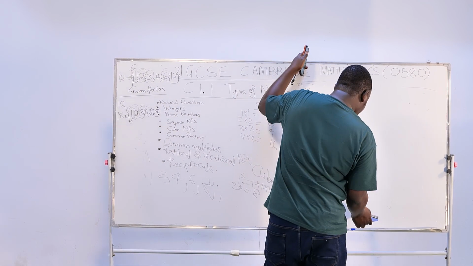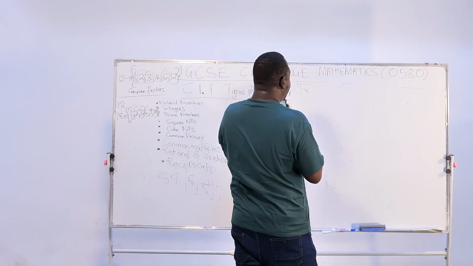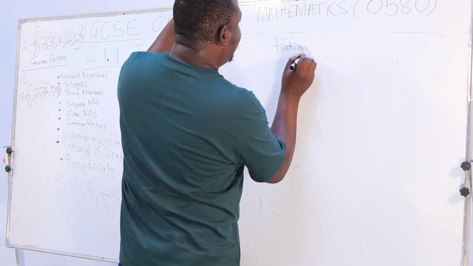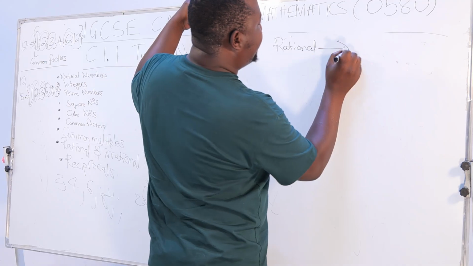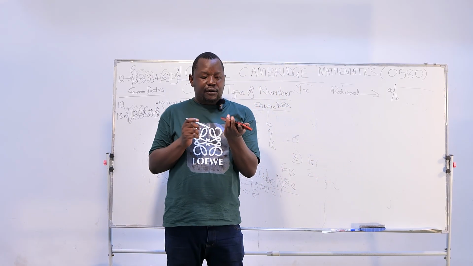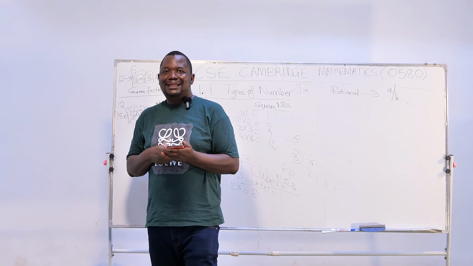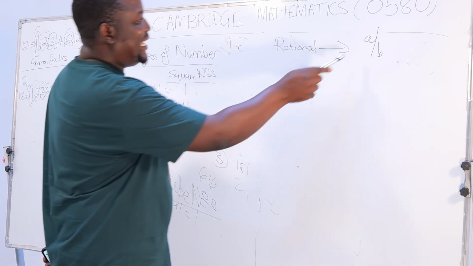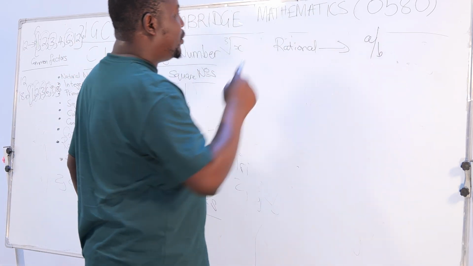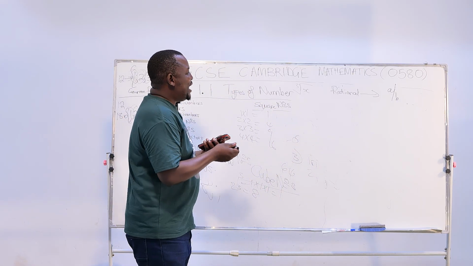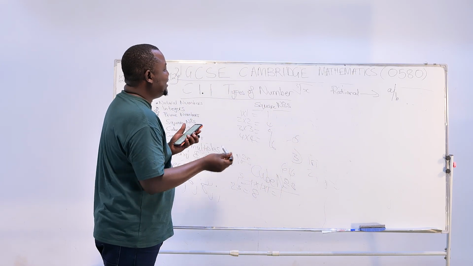By rational, we are talking of numbers that can be written in the form A over B, a fraction where A is the numerator and B is called the denominator. So any number that can be written as A over B is called a rational number.